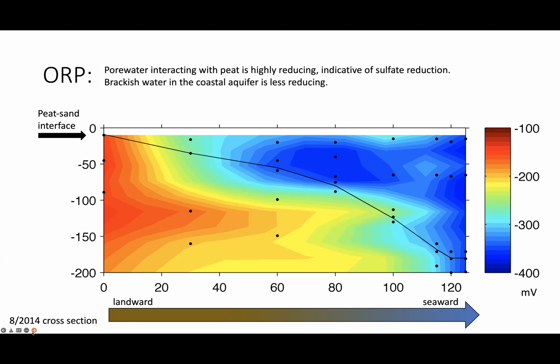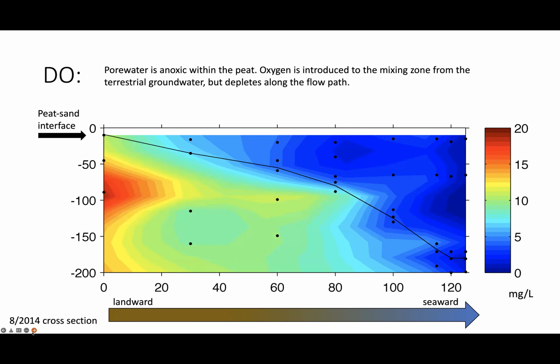However, there is some input of oxygen with the terrestrial groundwater. So you can see an oxygen plume that inputs at the landward edge and then attenuates with that flow and as various reactions use up that oxygen as it goes through the subterranean estuary.